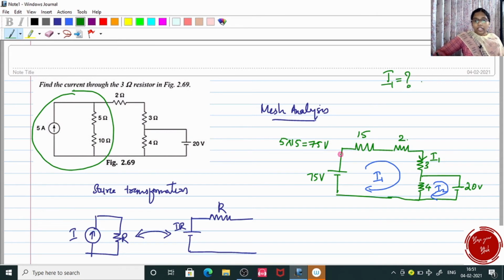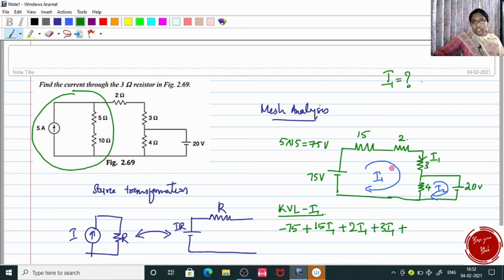Okay, so let's write the KVL equation for loop 1. So when I hit a negative terminal, I should place a negative value. So negative 75, and when I come across a resistor, I should place a positive. So positive 15 I1 plus next resistor means it is plus 2 I1, and next is plus 3 I1, and next for the 4 ohm resistor it comes across two currents, isn't it?